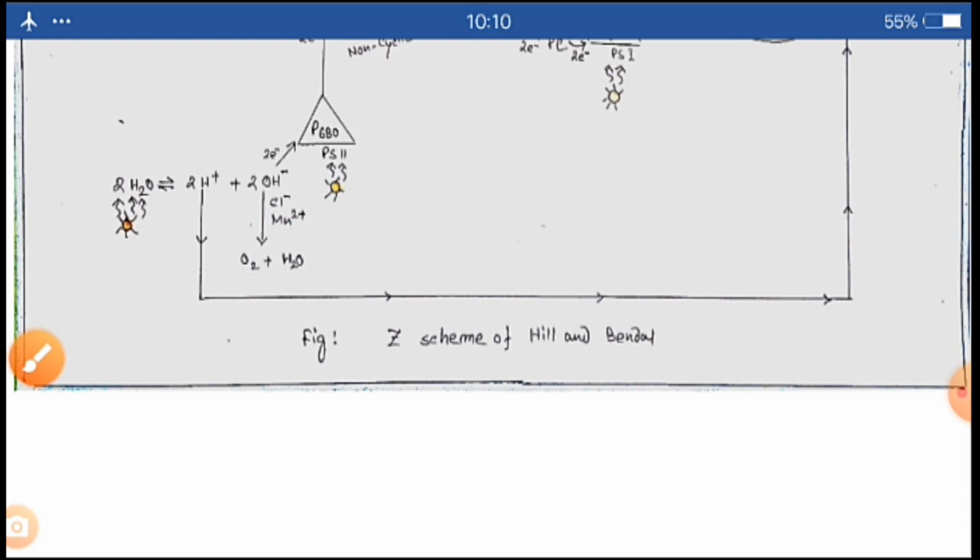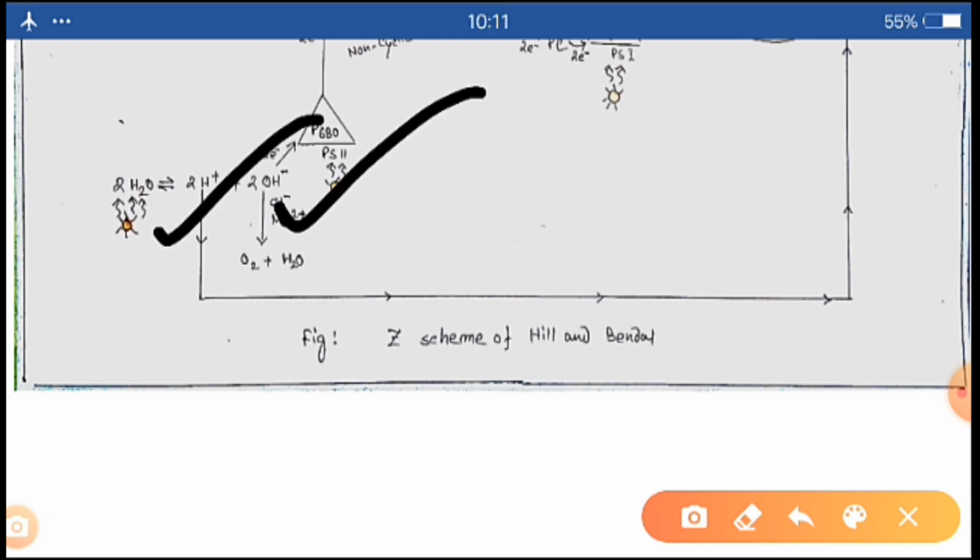Again, by means of photolysis of water, water molecule is broken down into H positive ion and OH negative ion.